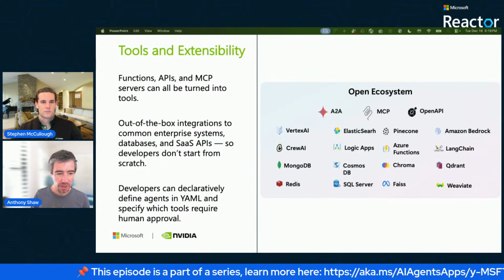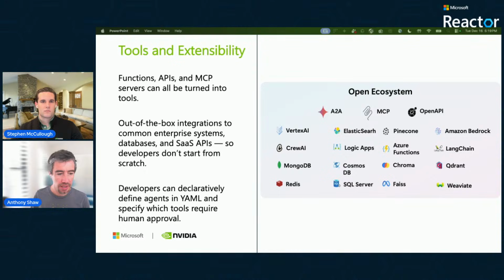Sorry, I could confuse that. The OpenAI spec is not a standard, but it's actually becoming the sort of standard API interface for most models these days. So we support anything which has an OpenAI interface.